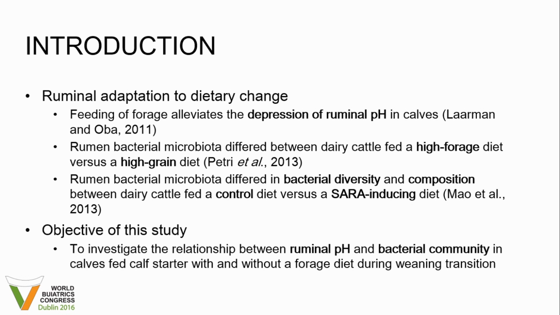Sixteen 4-week-old Holstein bull calves were obtained from dairy farms. Calves were raised on milk replacer, calf starter, and mixed hay.